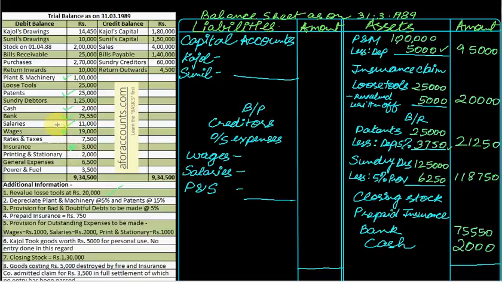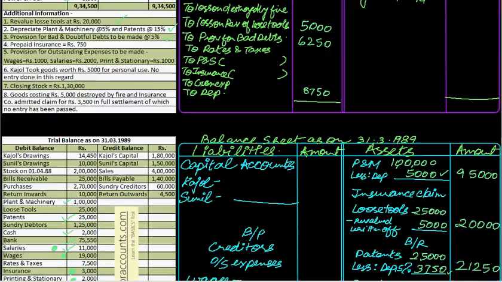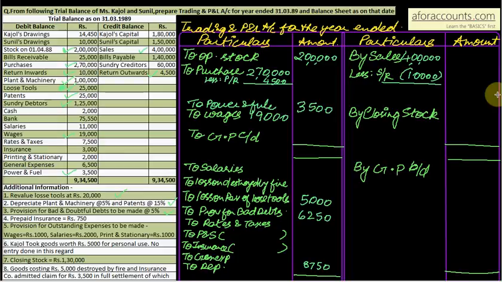Then your salaries 11,000 and printing and stationery 2,000. इन सब का एडजस्टमेंट है. So move further. See salaries, wages, printing and stationery. Let's see. And insurance. Insurance is prepaid insurance, right?